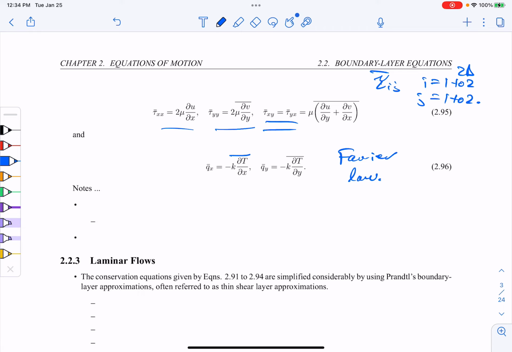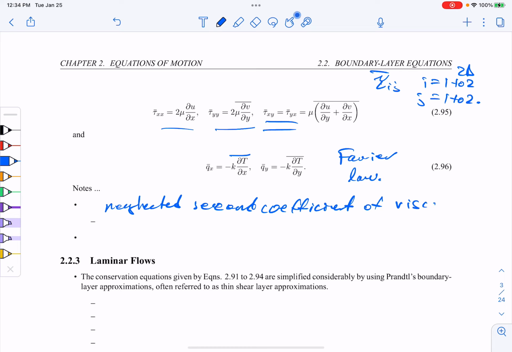Some things I want to note is I've neglected the second coefficient of viscosity. And why?